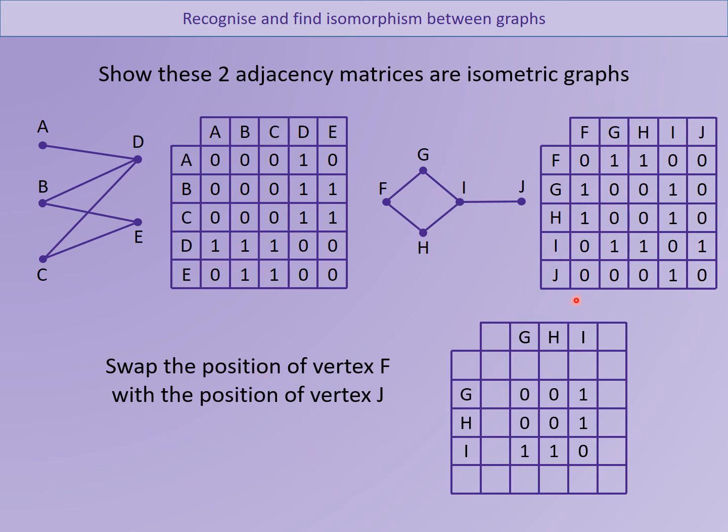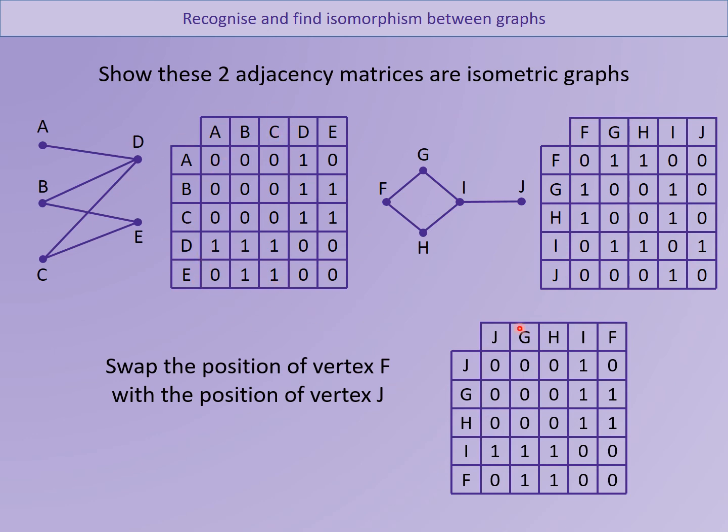So the F and the J are swapping places, so the J can be written at the top, and J can be written down. F can be written across there, put J down, put the F down, and oh look, lo and behold, this adjacency matrix here is absolutely identical to that adjacency matrix there.